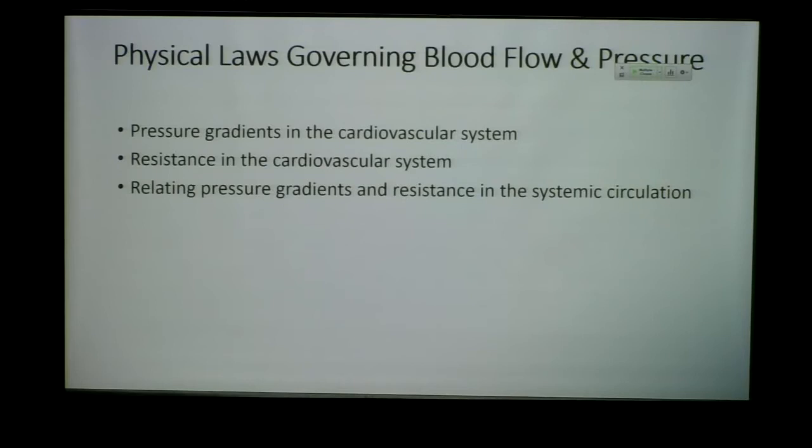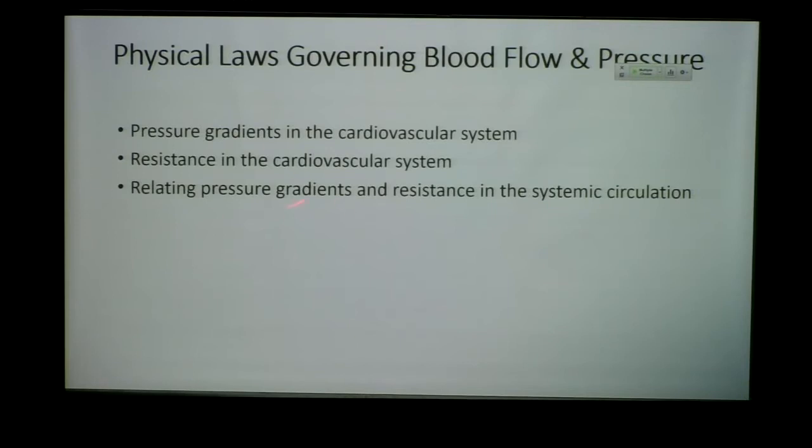We had that high pressure in one chamber, followed by low pressure in another chamber. And so we had a gradient. That differential was a gradient that facilitated the movement of blood passively from one chamber to the next. So too does blood flow through our vessels in that very same way. There needs to be a gradient of high pressure to low pressure to facilitate that flow of blood.